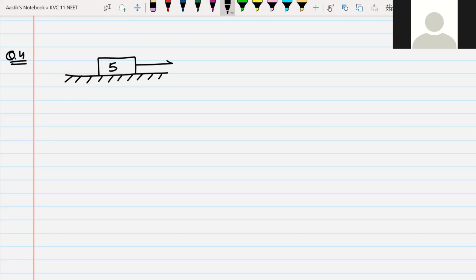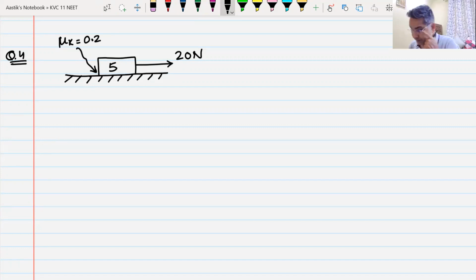So this is the next question that I am making for you. A block of 5 kg is kept on a rough surface, and I've applied a force of 20 newtons in the horizontal direction.